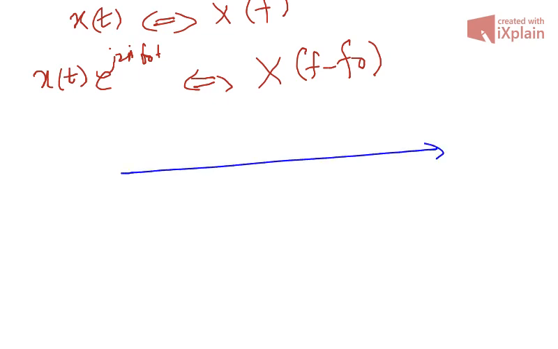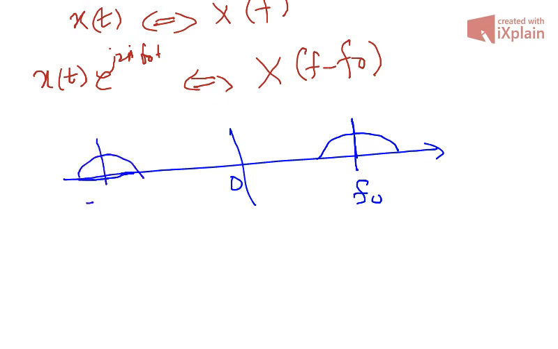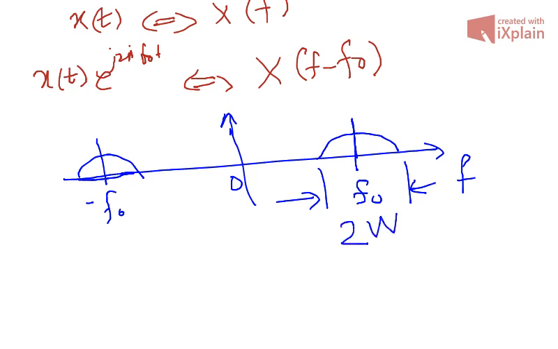You have this spectrum over here, at f naught. I'm just showing this one because it's a real signal, so you should have a part somewhere here as well, at minus f naught. Just considering the positive frequencies, if you observe your signal, this bandwidth is 2 times the bandwidth of the baseband signal. If we modulate it, it's 2 times.